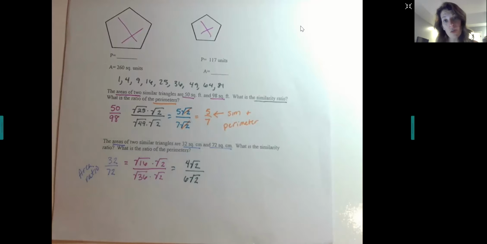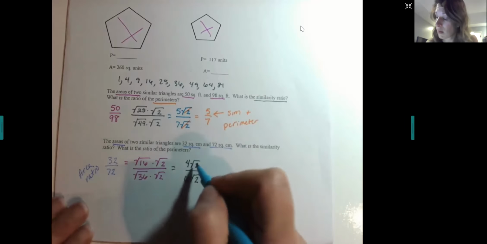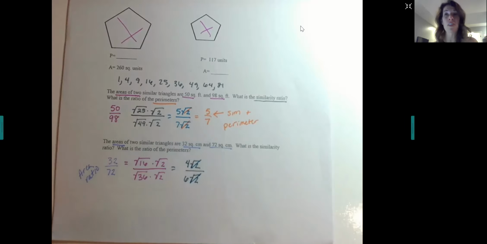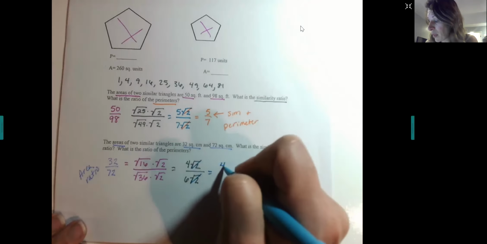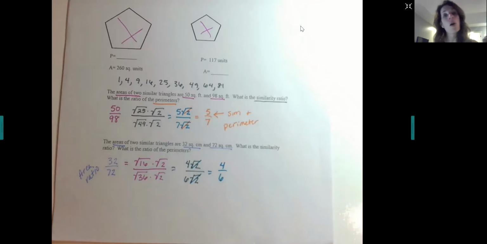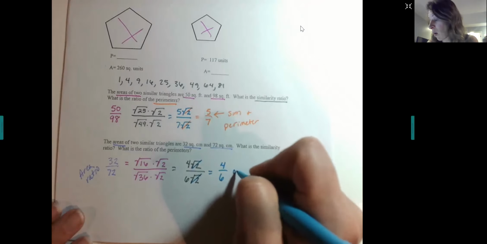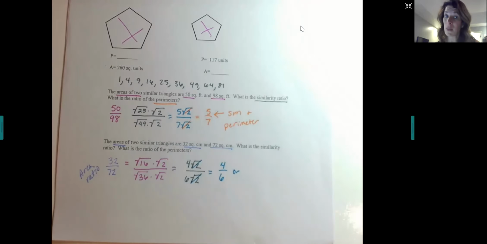Now the square roots of 2 cancel, because I have the same exact thing on top and bottom. So my similarity ratio and my perimeter ratio are 4/6, or because both of them can be divided by 2, 2/3.